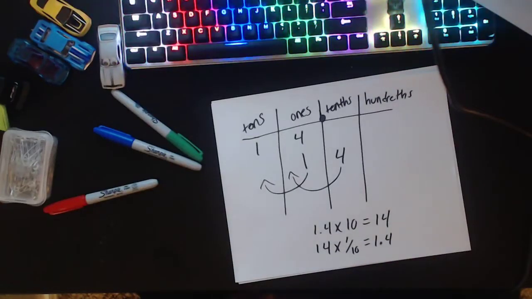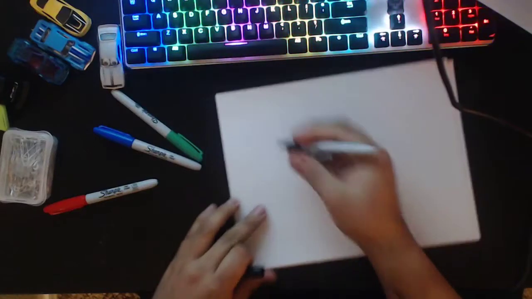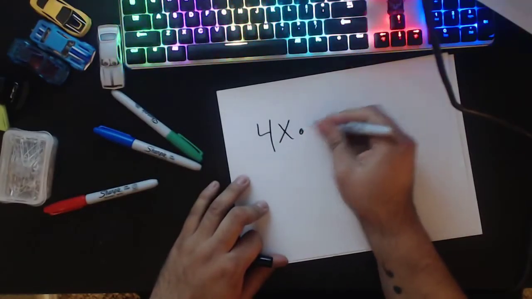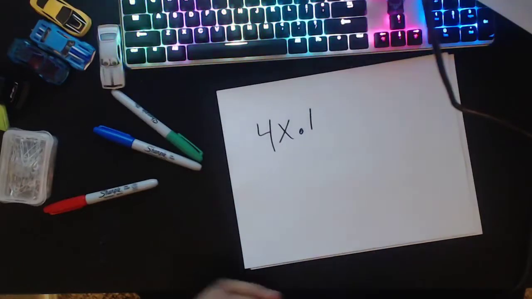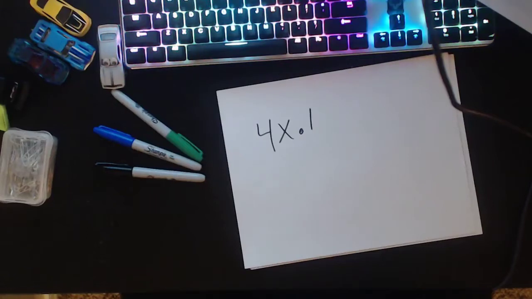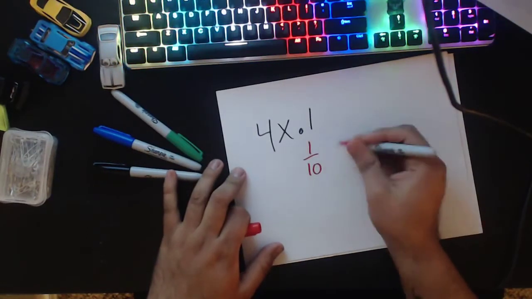So now that we've reviewed something that we did in the past, let's go ahead and multiply a whole number by a decimal. My whole number is 4 times my decimal, which is 0.1. Now let's relate that decimal to a fraction that we know. Well, we know that 0.1 is really 1/10.